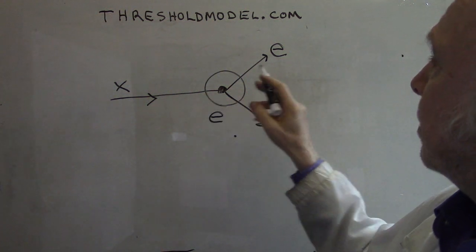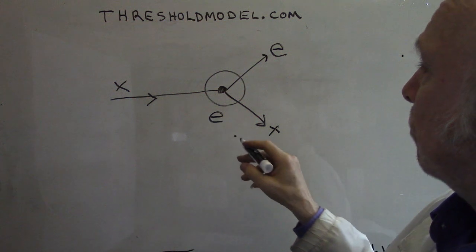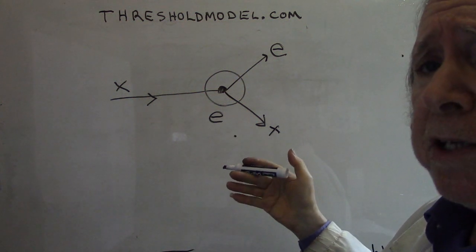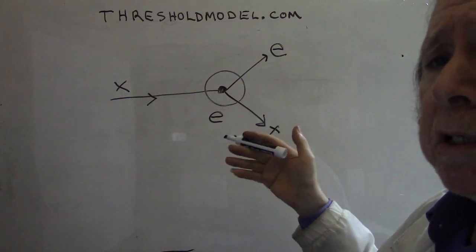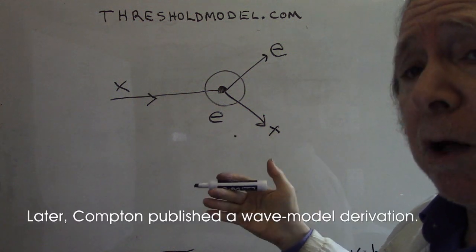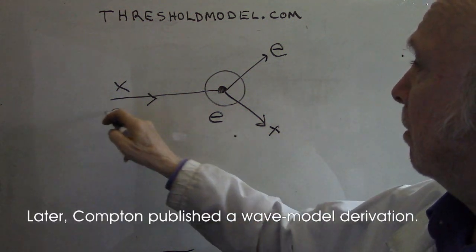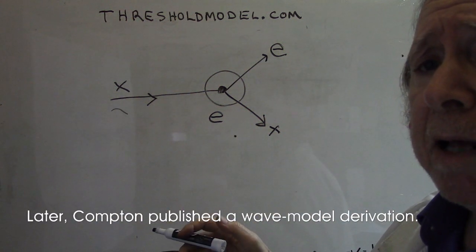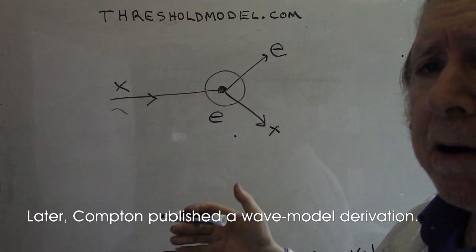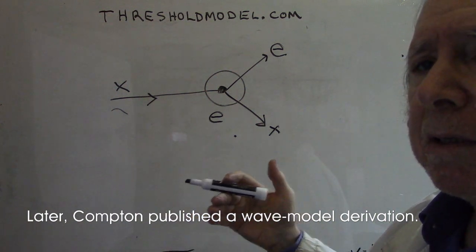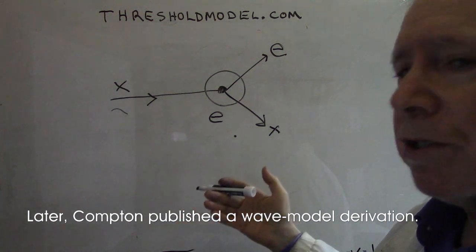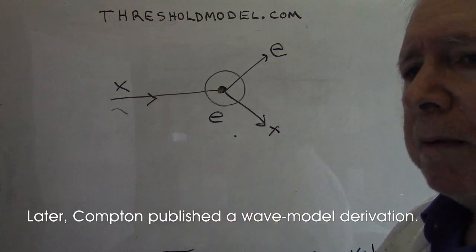And my point is, this all worked to derive the equation that fits the experiment using the particle model. And people thought, oh, well, light in the form of X-rays and gamma rays must be particles because the equation fit the experiment.